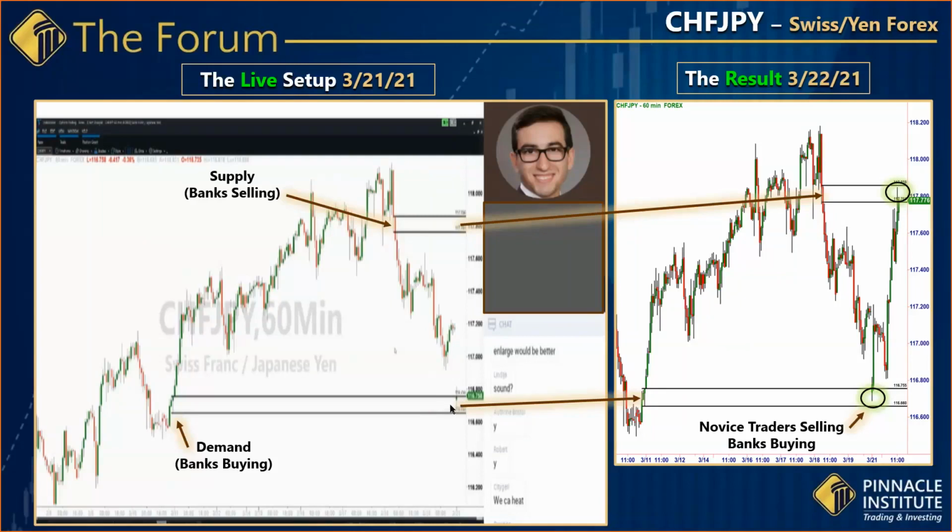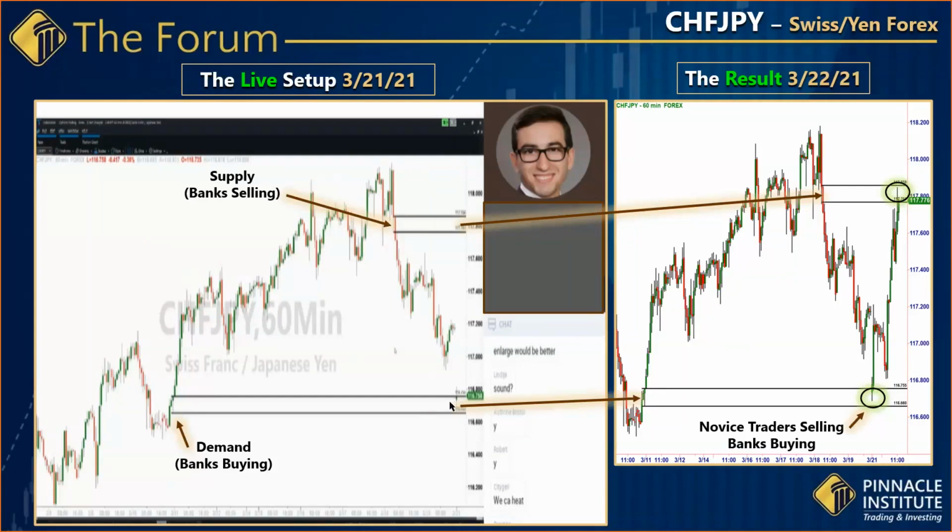Who is the seller here? You always want to think about the person on the other side of your transaction, whether it's a day trade, swing trade, longer term investing. Who is the seller here? We don't know what their name is or anything like that, but we know how they think.